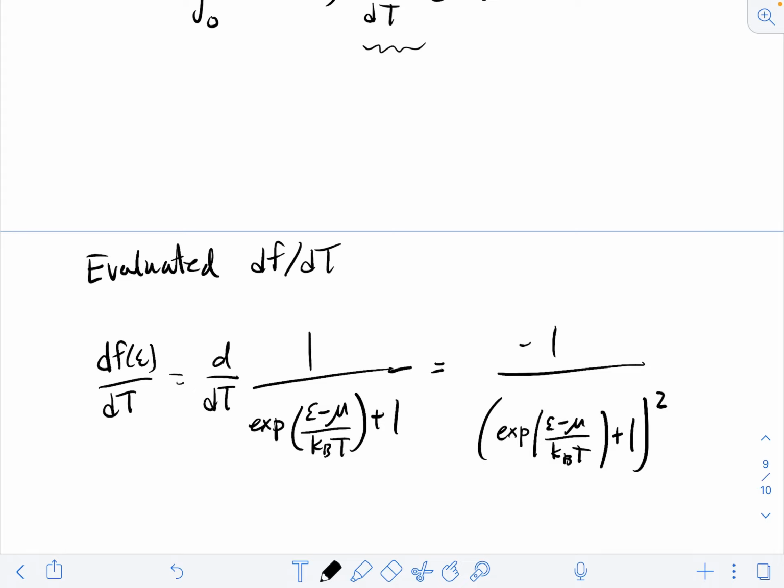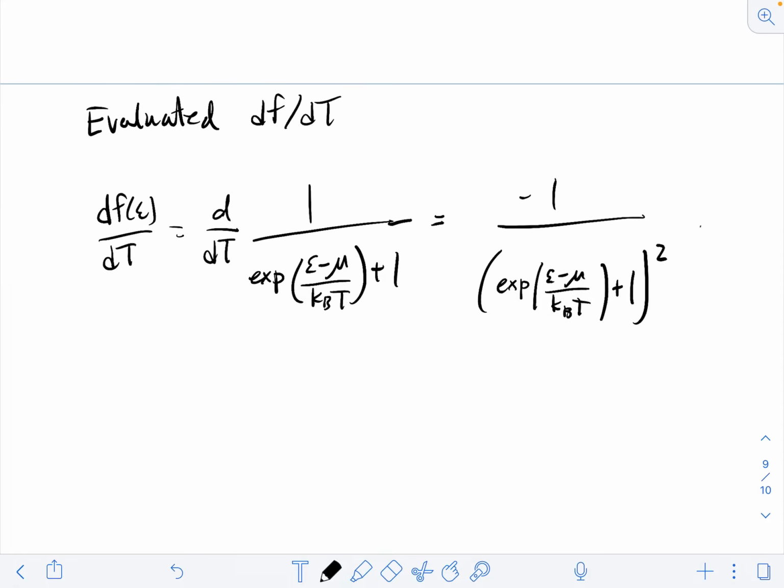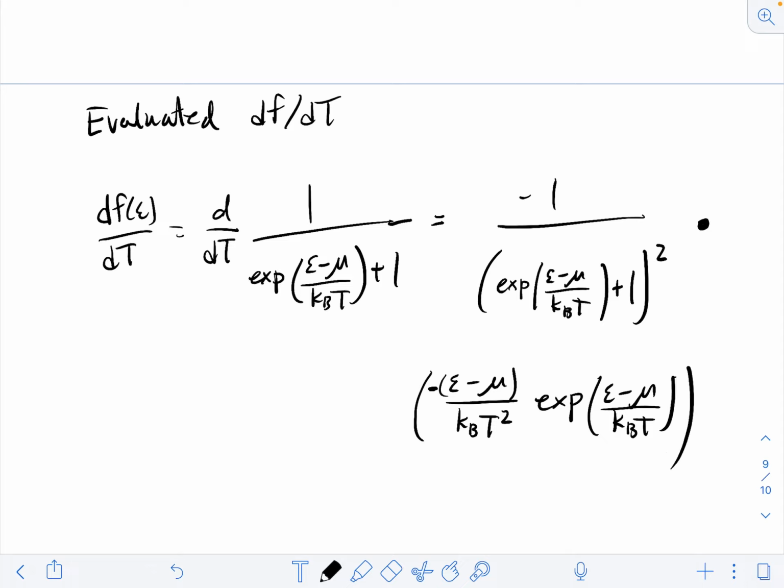And then you take the temperature derivative of what's inside, and so we're going to have to multiply. So I'll write it over here. We're going to get epsilon minus mu over k_B, and we'll have T squared, and we'll pick up another minus sign, and then we'll get the exponential back again. So I think that's probably right, and we can cancel the two minus signs.